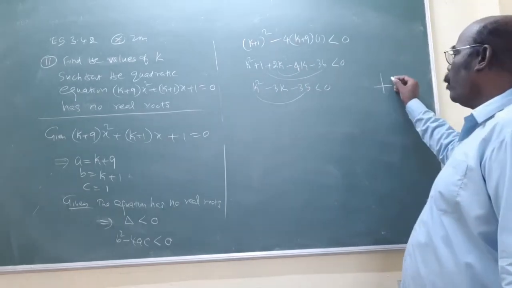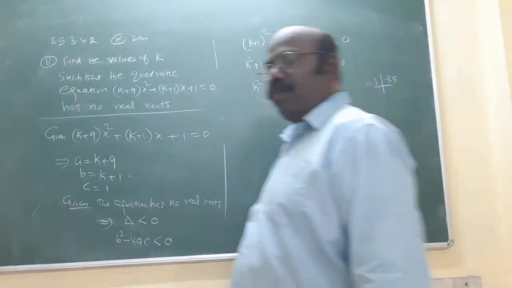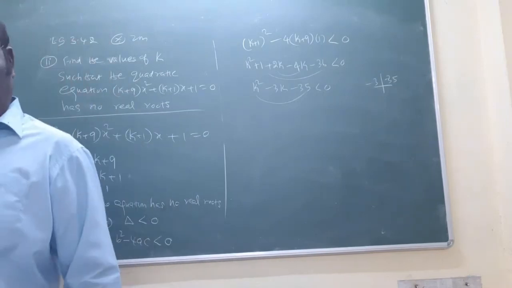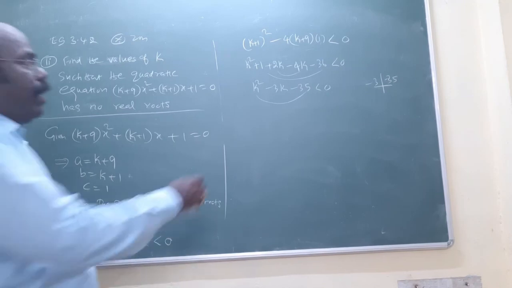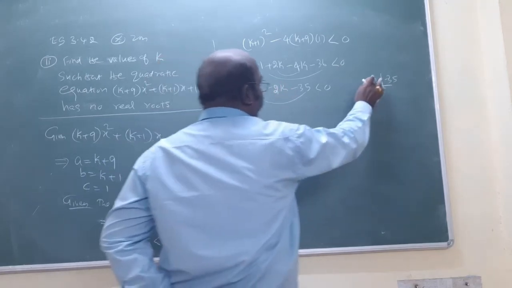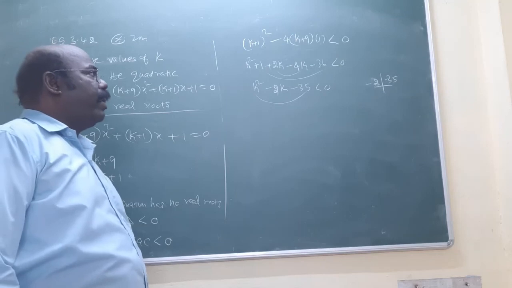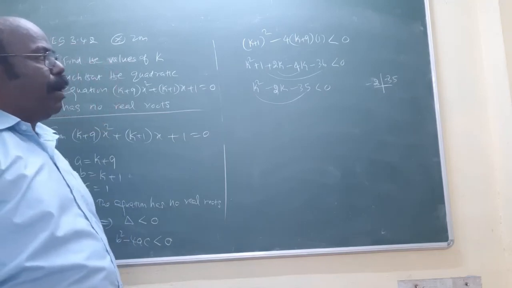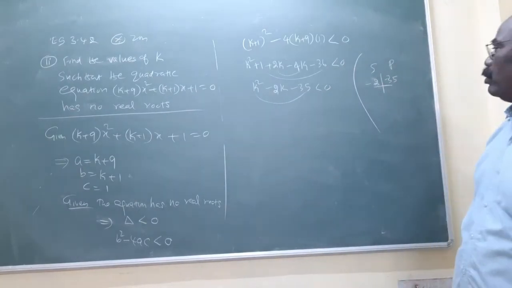Product of 2 numbers is minus 35, sum of the numbers is minus 2.